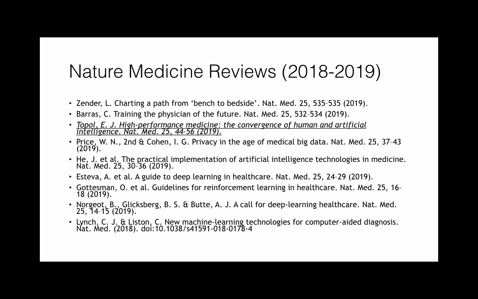But it's getting to the point where people are really starting to put together practical aspects of how we deploy artificial intelligence technologies and take it very seriously in a very practical way. And these Nature Medicine reviews I certainly recommend. And these slides, I'll find some way to make available or put them on our website for everyone. I'm not sure if there's a mechanism through the workshop, but we'll figure out how to do that.